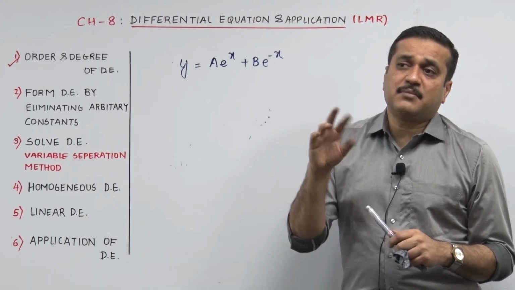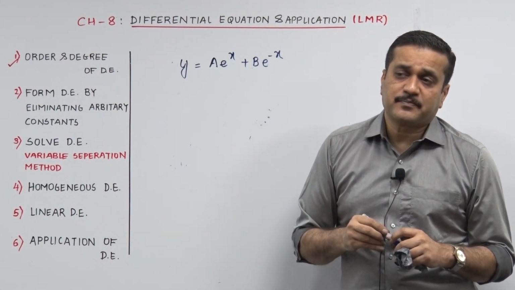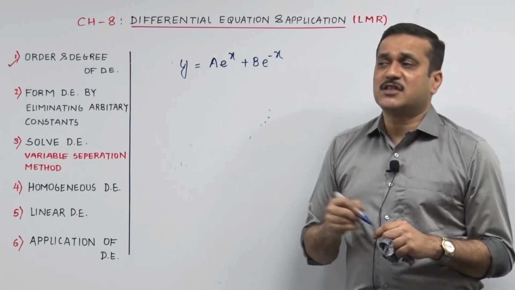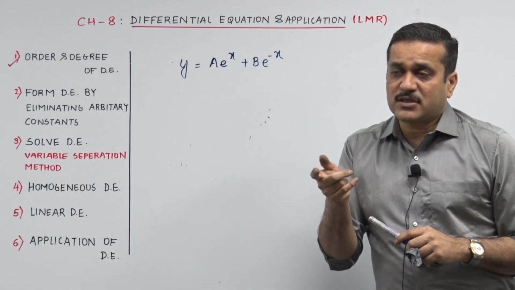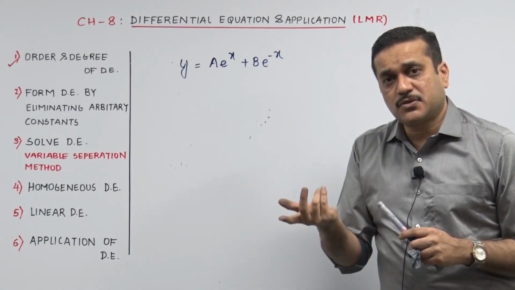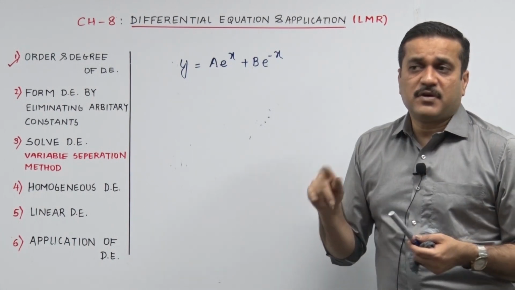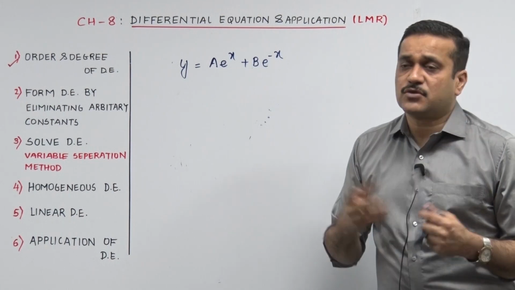They are standing by the side of functions which don't deteriorate or disintegrate when you differentiate. It's not like your x square, which on first derivative becomes 2x, on the second derivative becomes 2, on the third derivative becomes 0. It's finished. e raised to x is not like that; you differentiate n number of times, it's going to stay e raised to x.